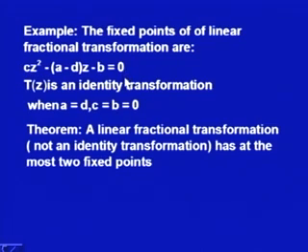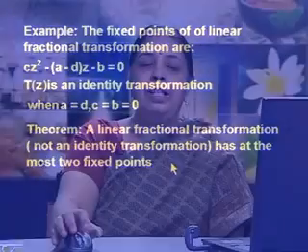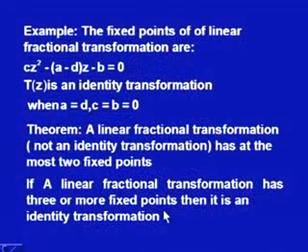So, if we have more than 2 points, then the mapping is an identity transformation. I am not giving you the proof of the theorem, just the theorem, and we can use it for checking whether a transformation is an identity transformation or not. If a linear fractional transformation has 3 or more fixed points, then it is an identity transformation. This is a direct consequence.